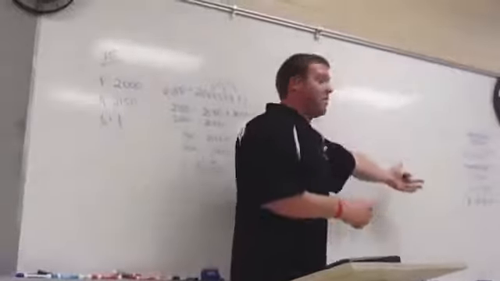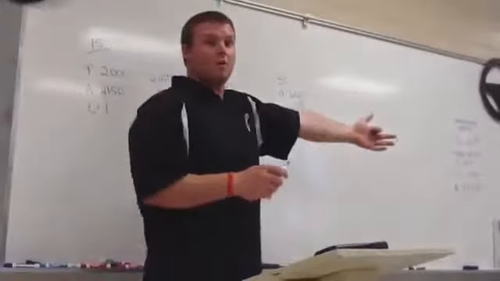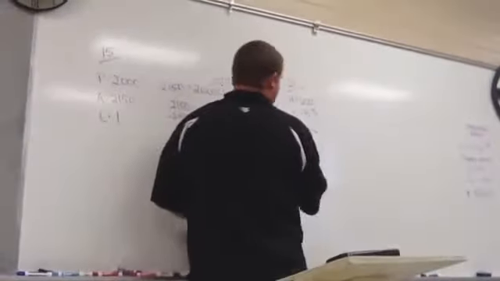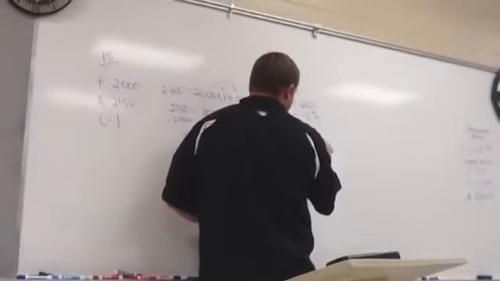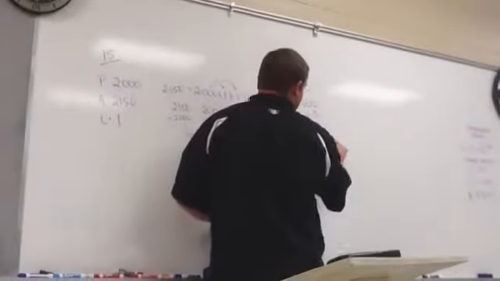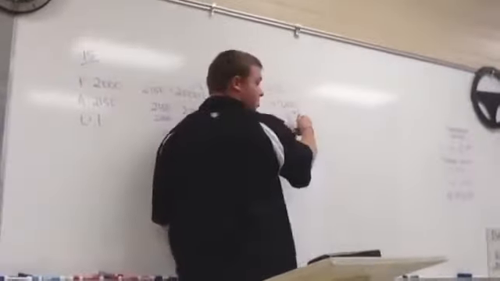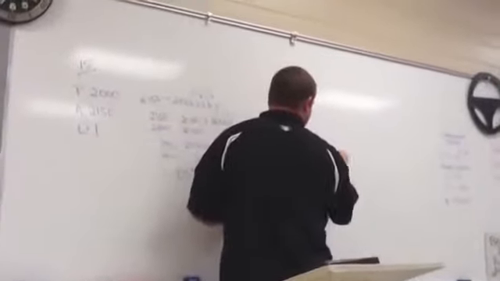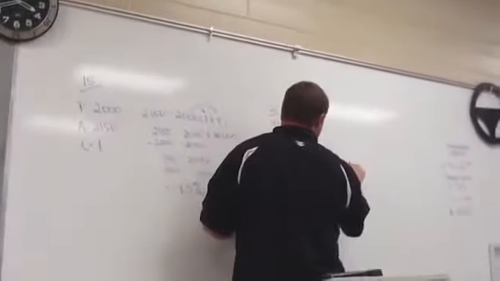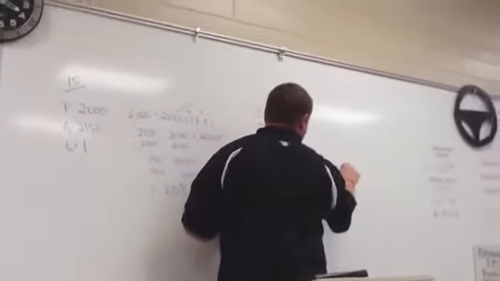I still plug everything I have into the future value formula. So I've got that 6,000 equals our P, which we don't know, times 1 plus the rate, which is 8%, so we change it to 0.08, times our time, which is 2.